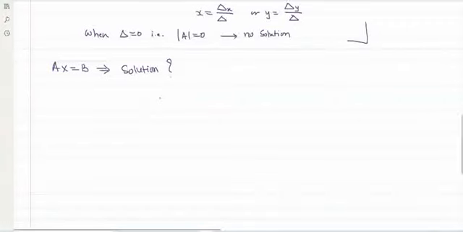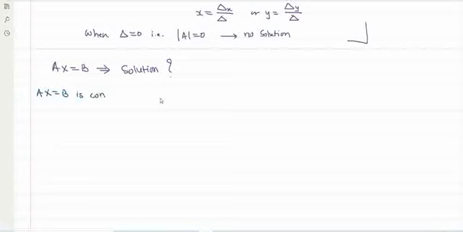When a solution exists, we say the equations are consistent. Ax equal to B is consistent. Consistent implies a solution of Ax equal to B exists.